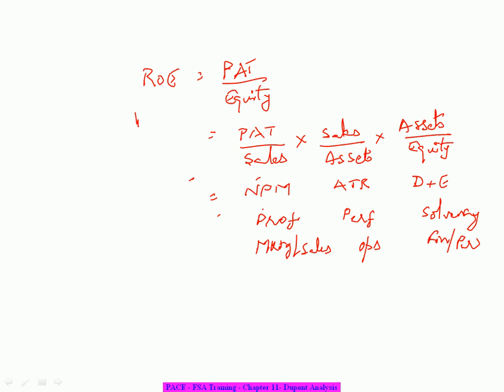There is no more scope for improvement with respect to ROE. But if it is lower in any one of them, then I should look at that area for improvement. Then there is an extended ROE part, where the same equation has a few more terms.